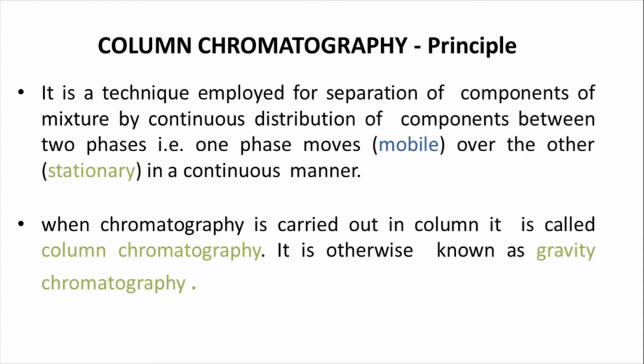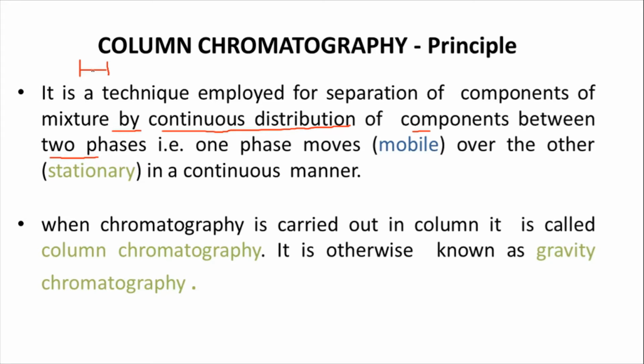Column chromatography is a technique for separation of components of a mixture by continuous distribution of components between two phases. Compared to this, TLC is a discontinuous distribution of a solute or sample molecule on the TLC plate.